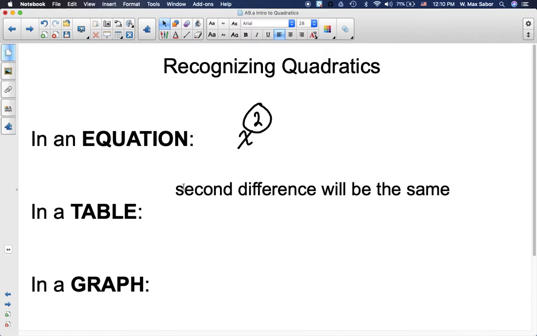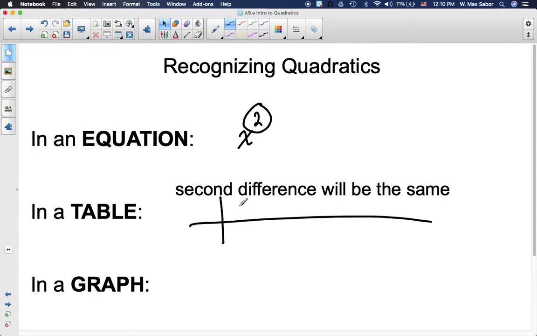So an example of that is if you have, let's say, 1, 3, 1, then the next one would have to be, this went up by 2, this went down by 2, so overall it went down by 4. So going down by 4 again, meaning our next difference would have to be 6, bringing 1 down to negative 5. And then we would go down by 10, so then it'd be negative 15. So our second differences are all going to be the same.